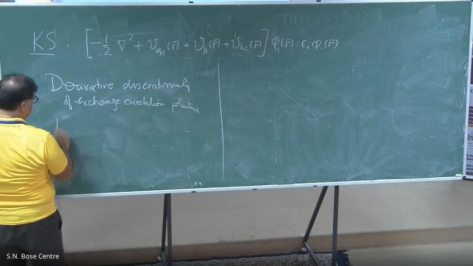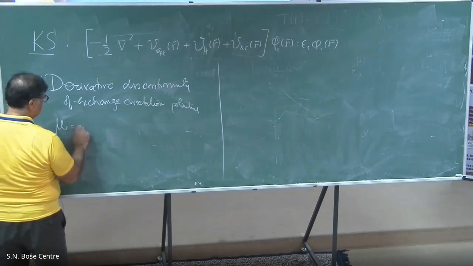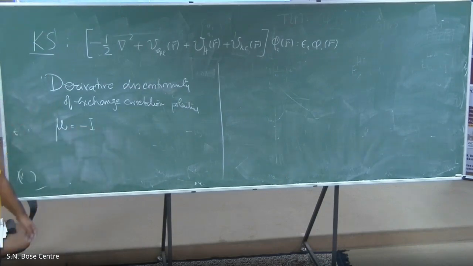I told you that mu by construction is minus I, right?